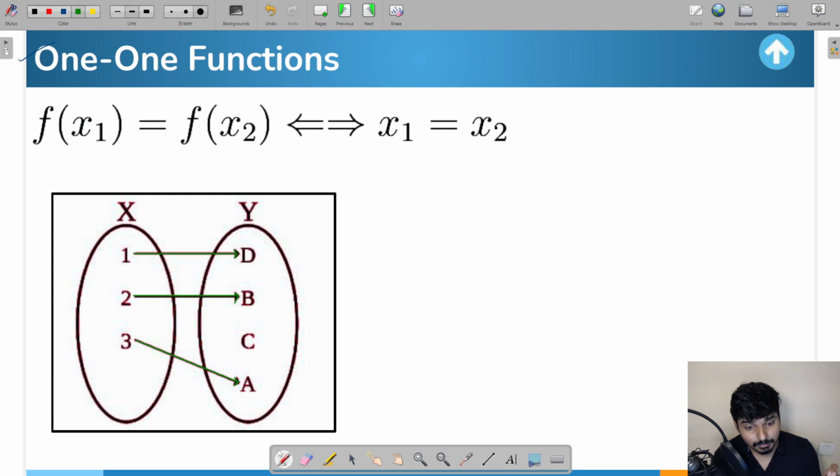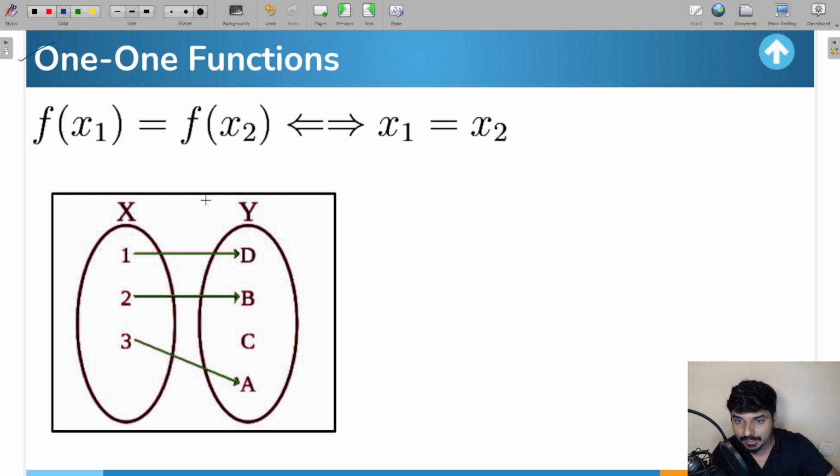So functions that satisfy this condition, that no two elements in the first set have the same image in the second set, we call one-one functions.